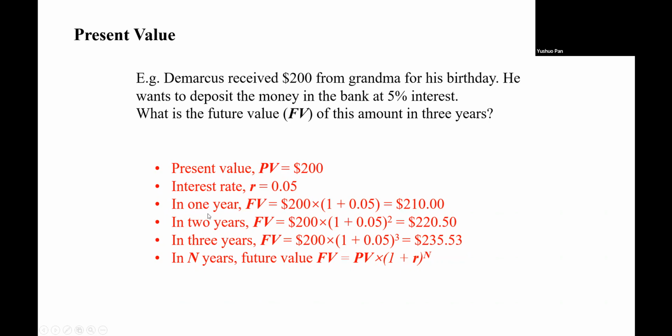If it is 2 years, then N equals 2, and that number for 2 years is 220. In 3 years, that's to the 3rd power, which is 235. And to the nth year, the future value is just to the nth power. So this is an easy calculation.